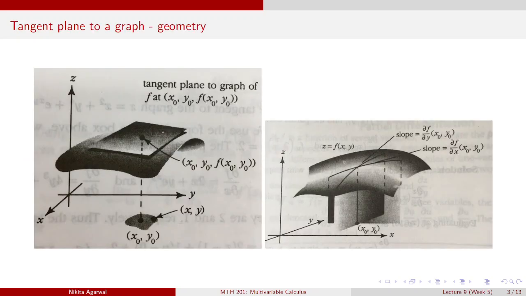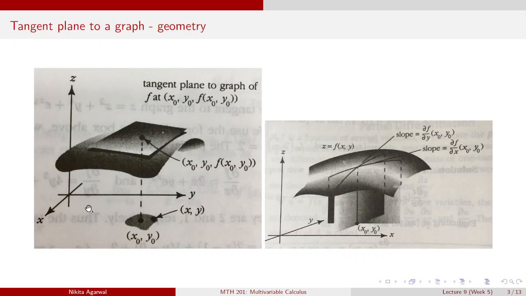So let us first look at these two pictures and let us focus on the first one. We are going to define the tangent plane to a graph. Suppose you have a function of two variables whose graph is z equal to f of x comma y, which is this curved surface that you see here. That's the graph of the function.